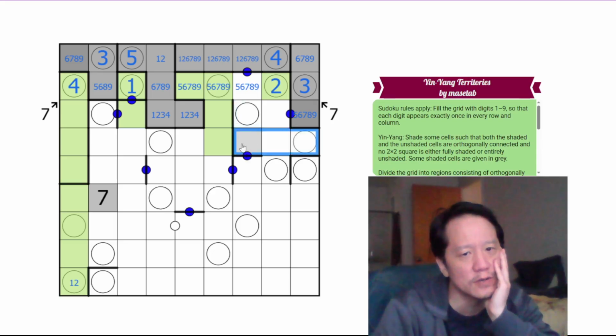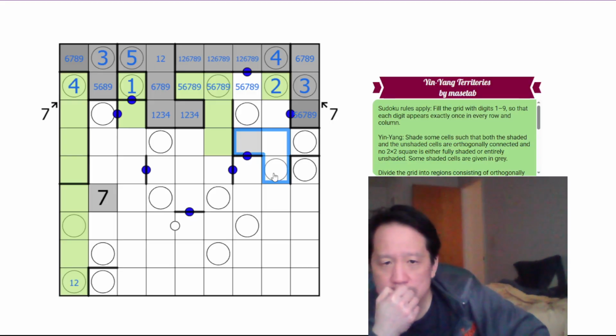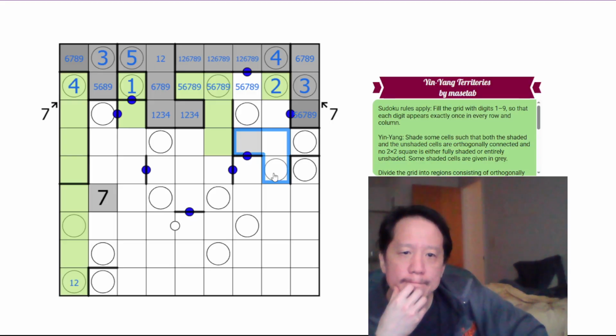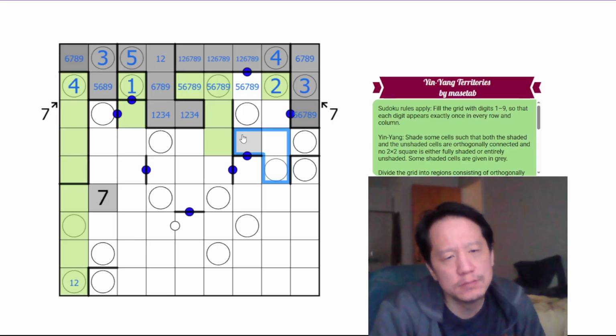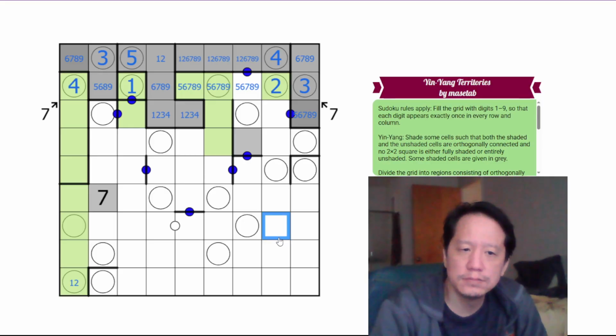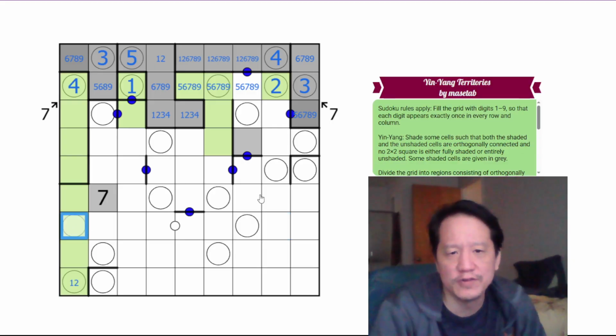It goes to either here, here, or here. We could have 4 and 5 here. This we don't have any restrictions on.